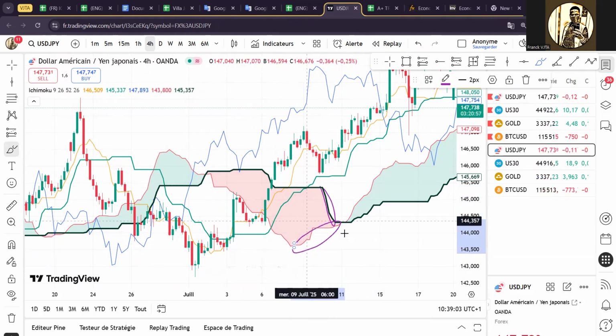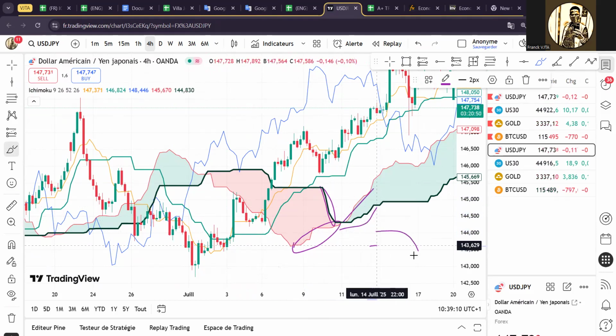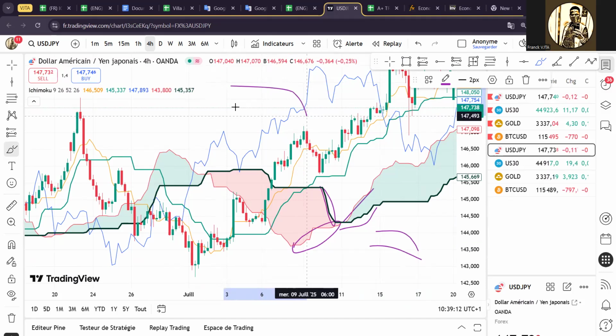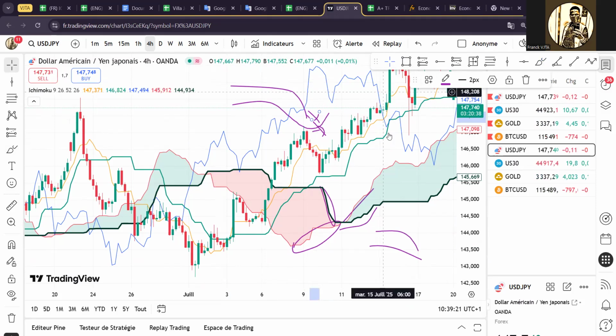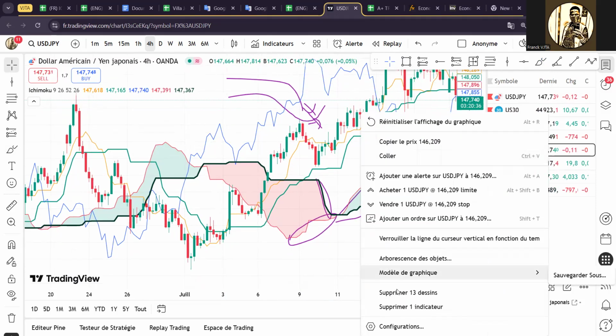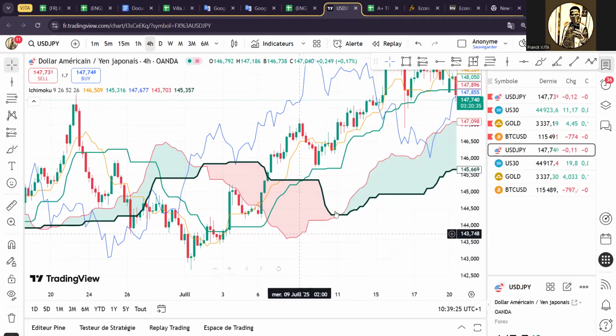So for the cloud to start showing a bullish cloud, a green bullish cloud, you had SSA below SSB. For it to go to the upside, SSB must keep going down while SSA goes up. That's what's happening here. I've shown you it many times in the past already. Scissor is a very good sign.